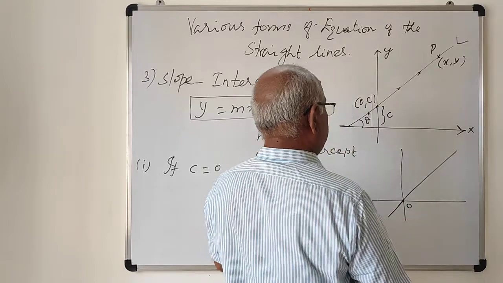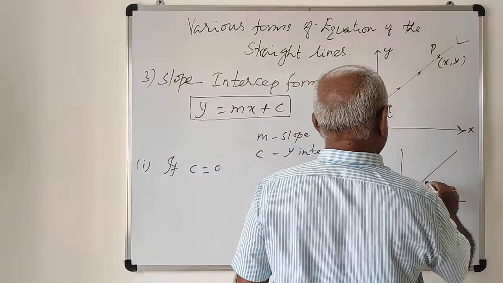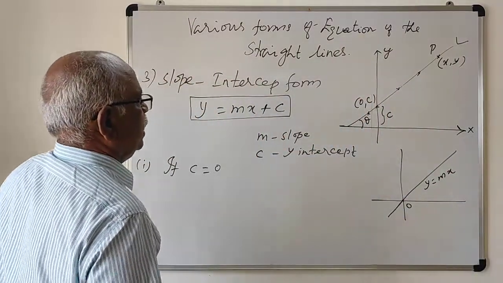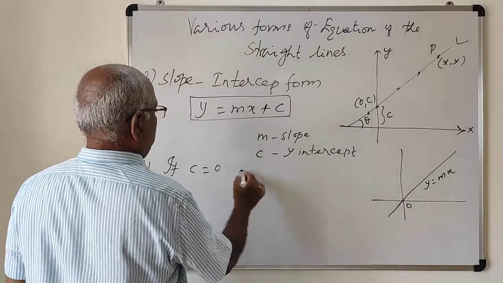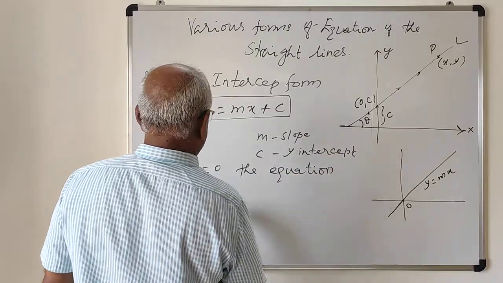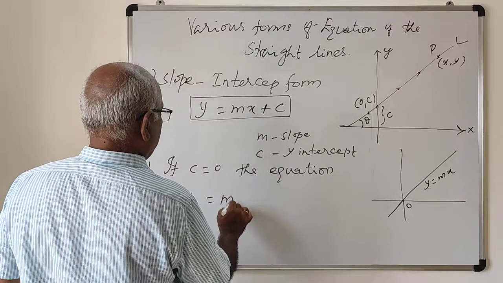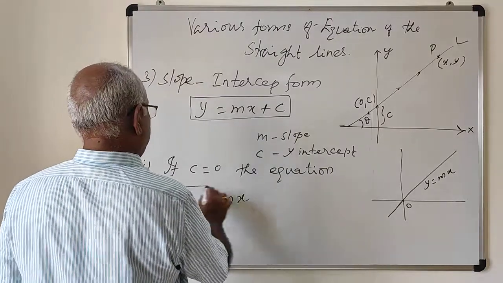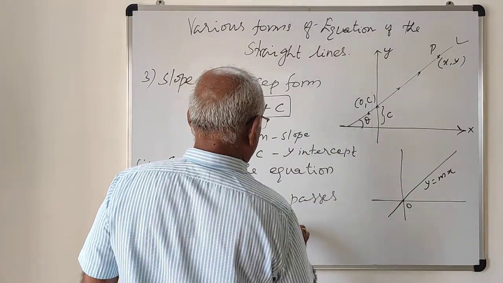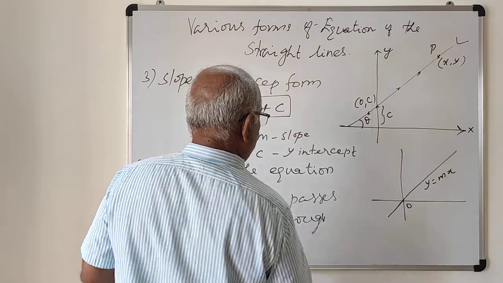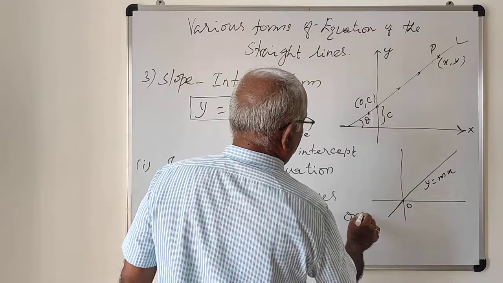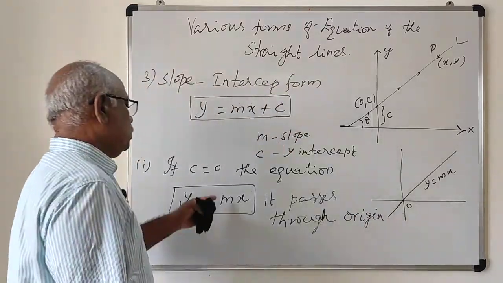In this case, the equation of the line is y equal to mx only, because c is 0. The line y equal to mx passes through the origin. It has only slope, there is no y-intercept.